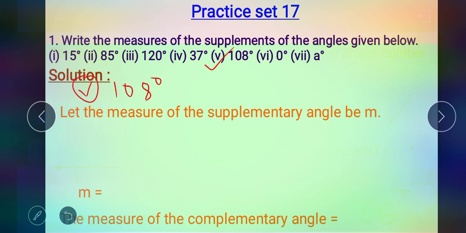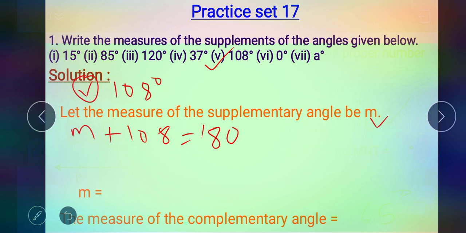In the same way, let the measure of the supplementary angle be m. So m plus 108, students, must be 180 degrees. Supplementary angles, when you add, give a total of 180 degrees.